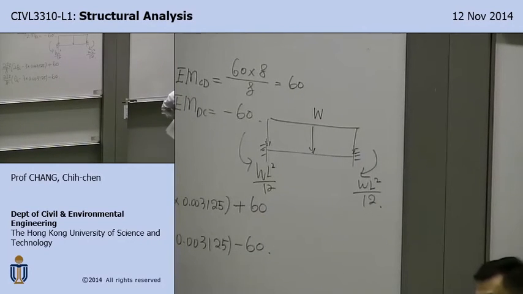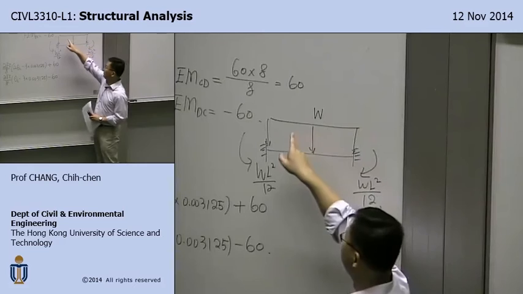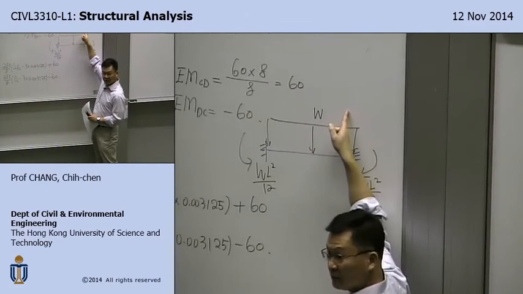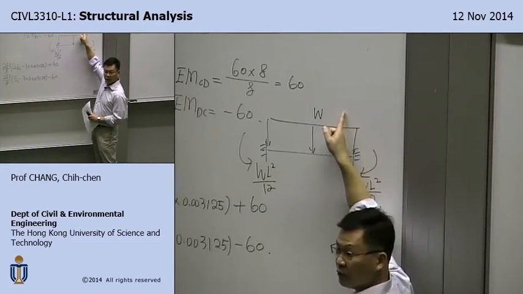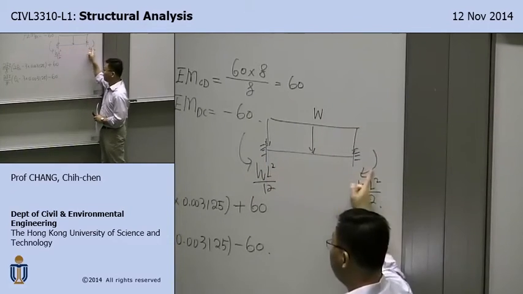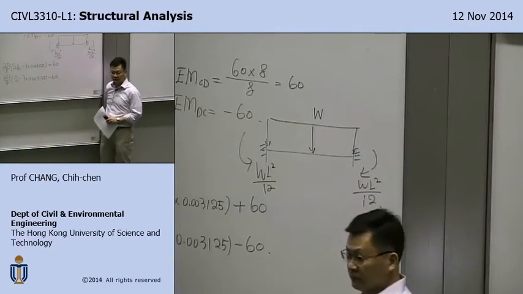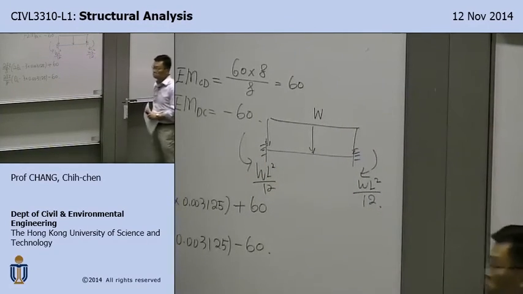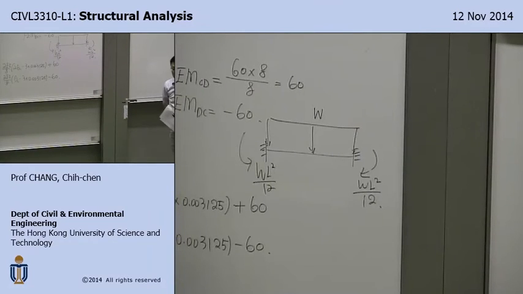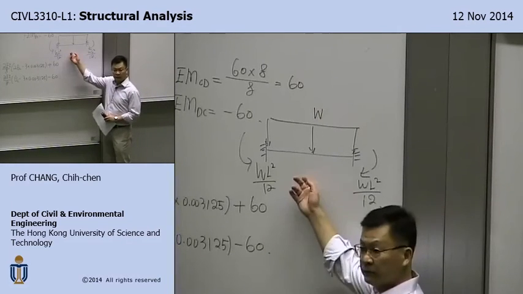That's the formula I asked you to remember. So if you have a UDL of w, a uniformly distributed load of w, then the two end moments will be wL squared over 12. All right? Cool.